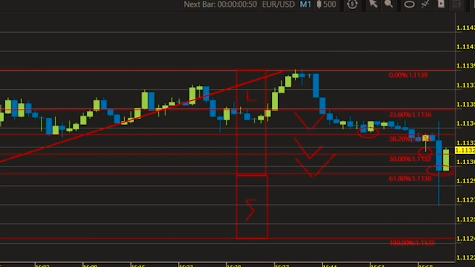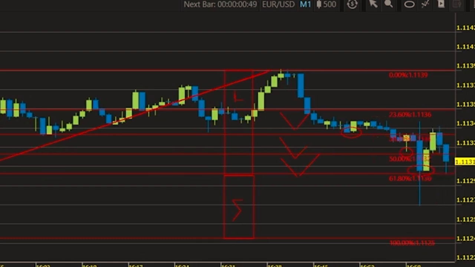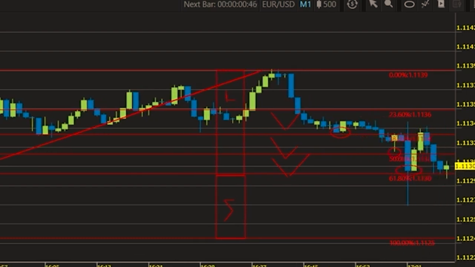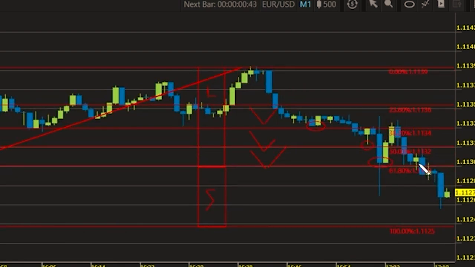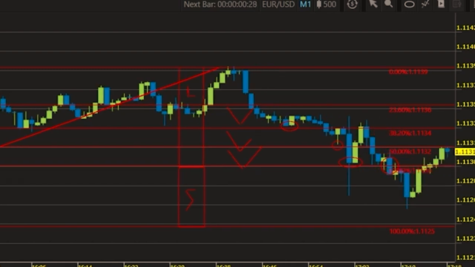So now if it breaks that 62% retracement, which it does right here, now all of our long bias, all of our opportunities to get into longs now kind of shifts, and now we're looking at a full retracement in the market.